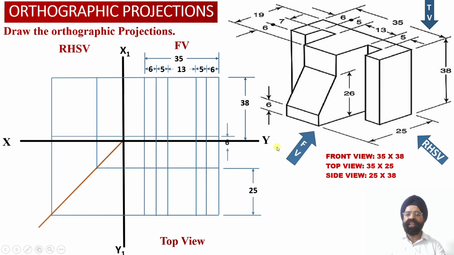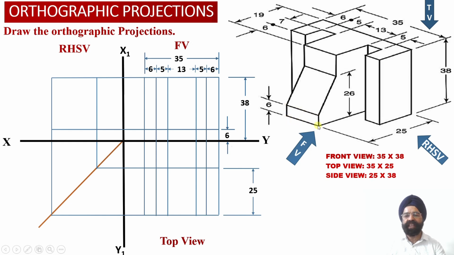Now when we look at the solid from the front side, we observe that in element number 3, which is a vertical web perpendicular to the front face of the solid, we have an inclined surface in between, and there are two vertical faces available.